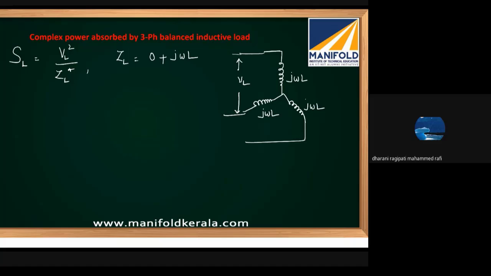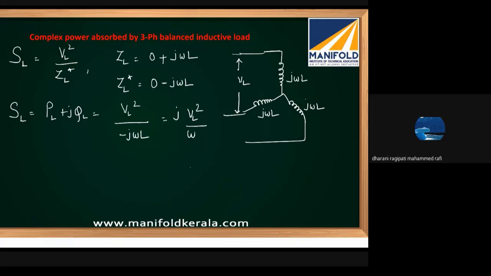ZL conjugate will become 0 minus j omega L. If you substitute in this, you get SL, that is PL plus jQL, equals VL square by minus j omega L. If you take the minus j to the top, you get j into VL square by omega L. Comparing the real and imaginary parts, PL will be 0 and QL will be equal to VL square by omega L, so many var.